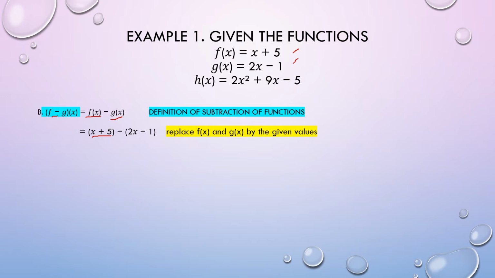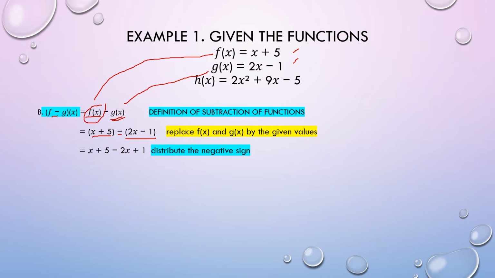So this one, x plus 5, represents f of x. And then we have here the subtraction sign. And then our g of x is equal to 2x minus 1. Okay? So we got it from here and from there. Okay, next.